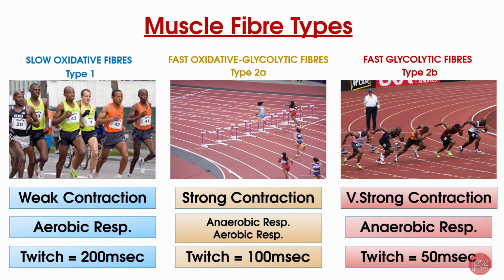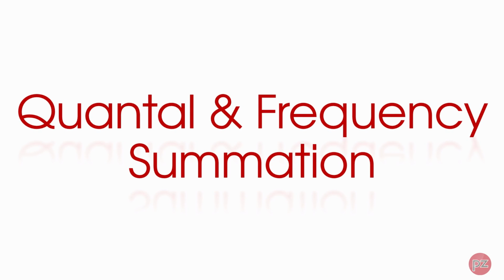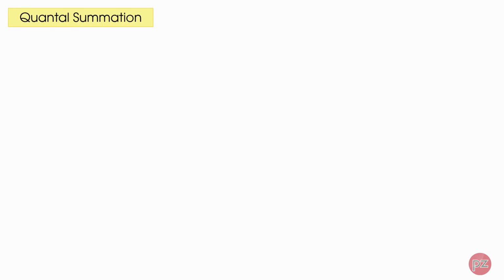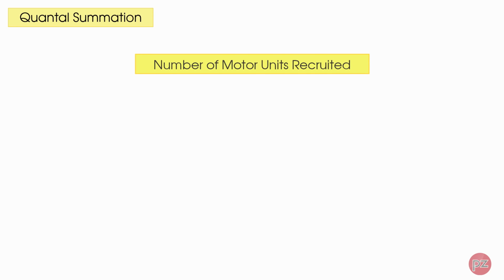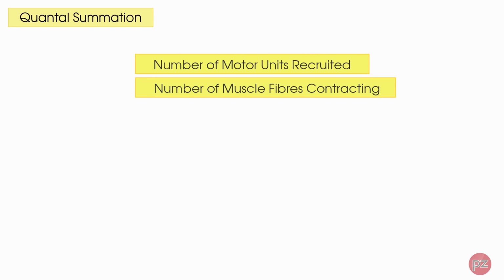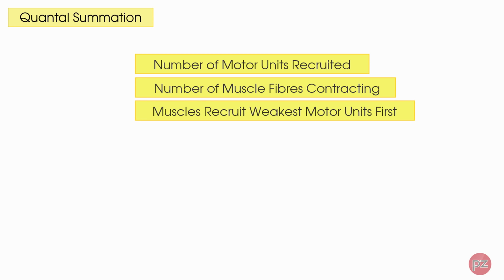Okay, now we're going to talk about quantile and frequency summation. Quantile summation simply refers to the number of motor units which are recruited and therefore the number of muscle fibers which are contracting. The way a muscle works is to first recruit the weakest motor units.